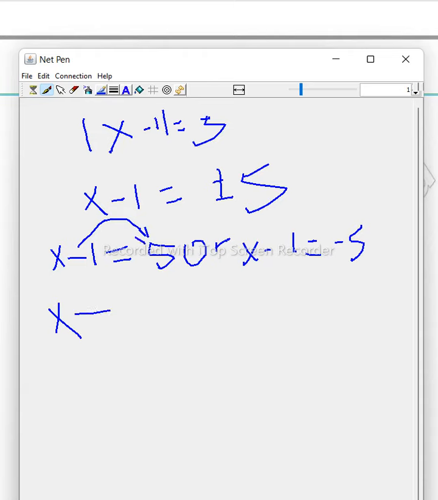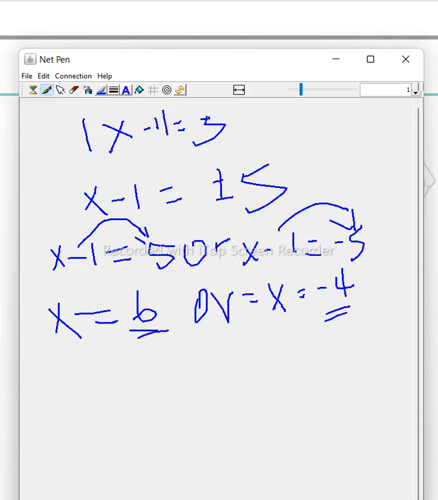So x is equal to 6, or for the other answer, x minus 1 is equal to minus 5, so x will be, this will be moved to here, which is plus, so minus 4. So our answer will be plus 6 and minus 4.